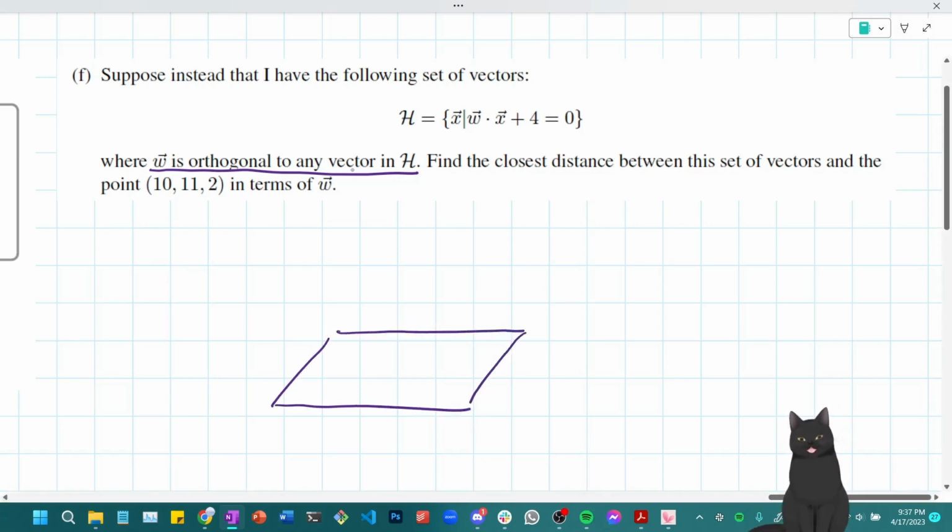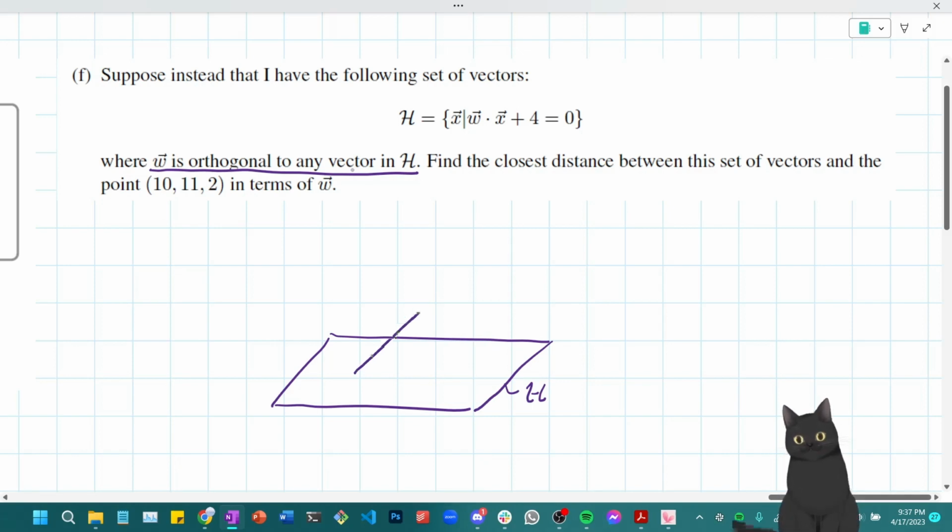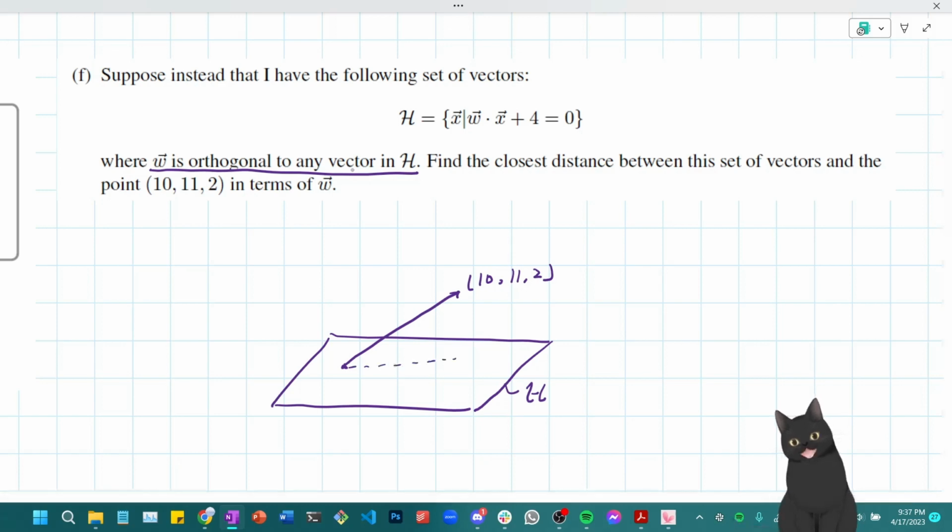Let's suppose that H, this set of vectors, is actually a plane. I'm going to have a vector that starts from some point on H and ends at the point (10, 11, 2), and if I project this vector onto H, I will notice that their difference must be perpendicular to H. So this perpendicular vector, the difference between x, which I'll call the vector that reaches (10, 11, 2), and the projection of x onto H, is perpendicular to H itself.